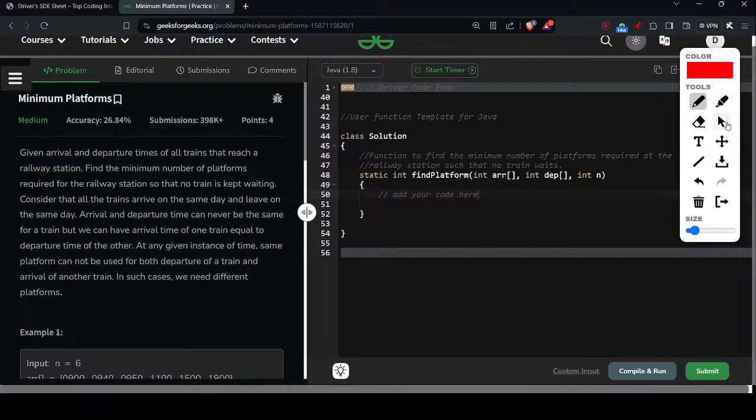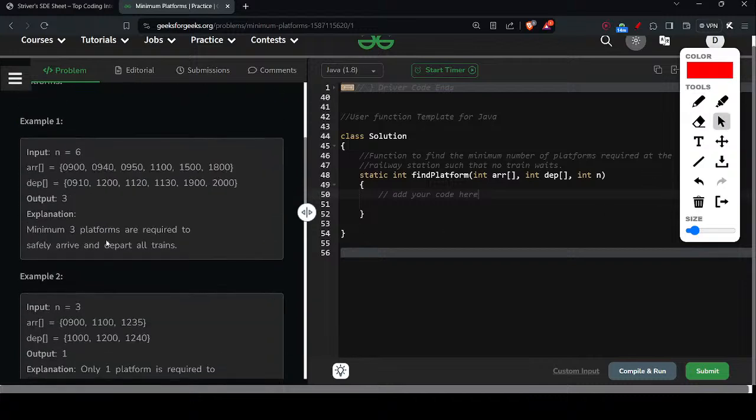What example have they taken? This is the arrival time and this is the departure time. At the departure time of 9:10, we can take the next train, and both will be handled on one platform.